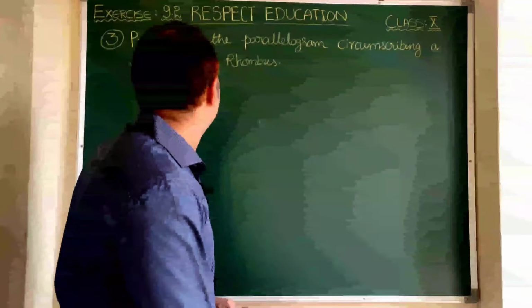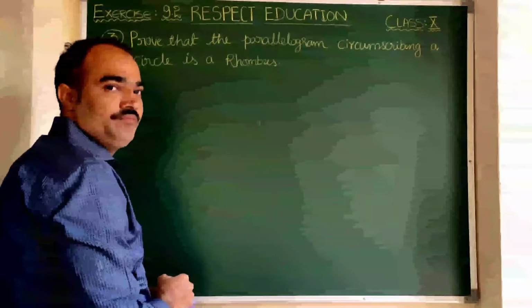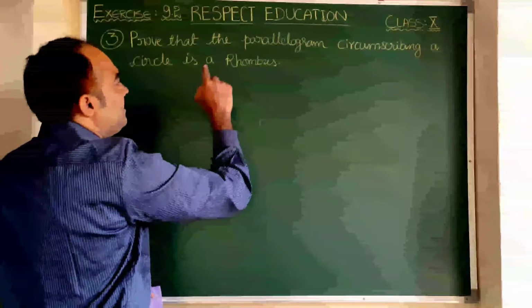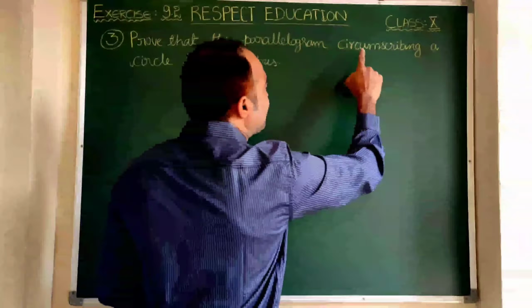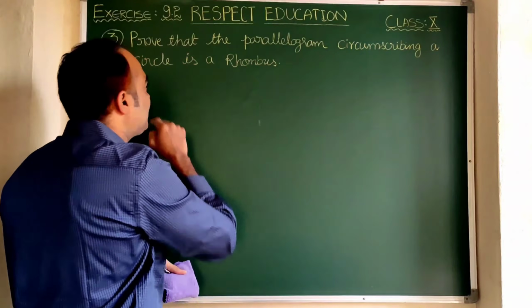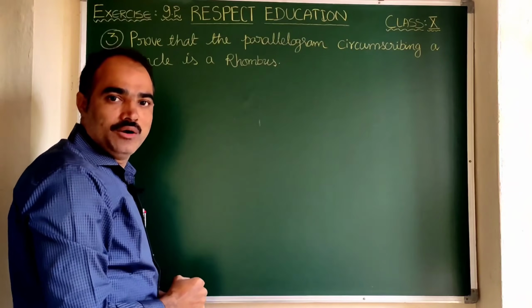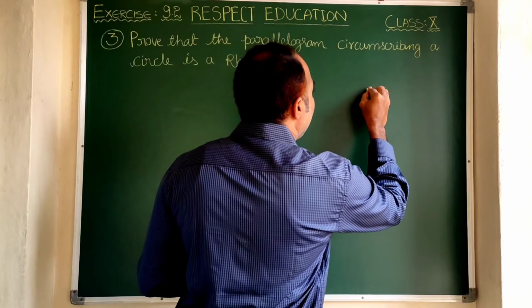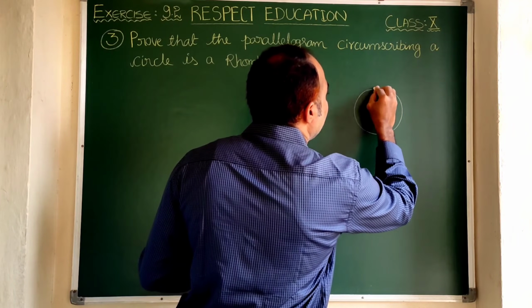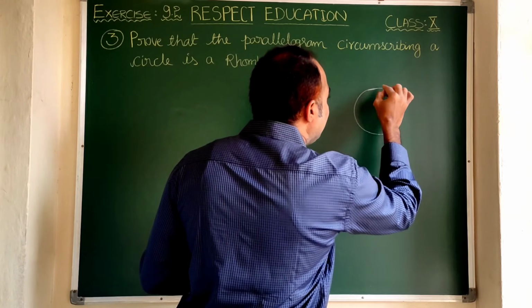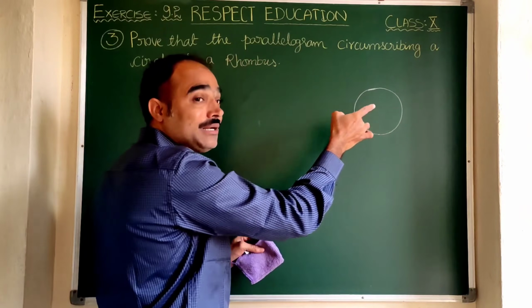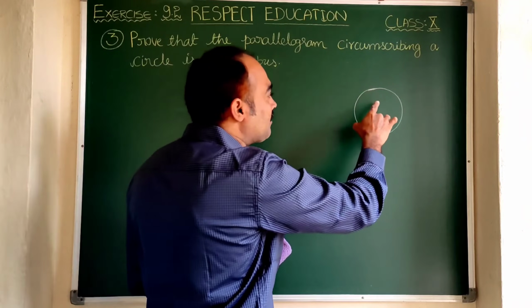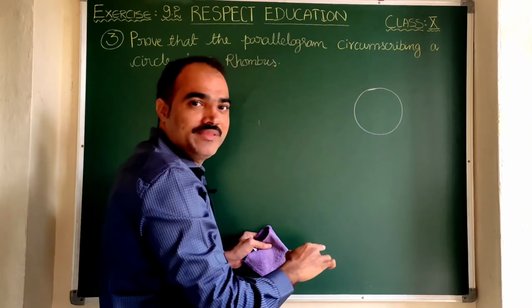Now we see question number 3. Prove that the parallelogram circumscribing a circle is a rhombus. Now here we take a circle. It is to be circumscribed by a parallelogram.